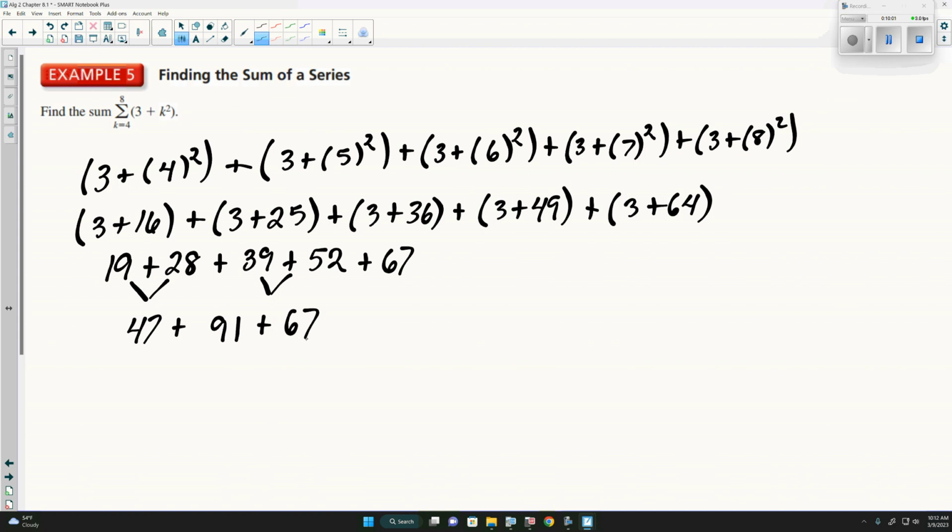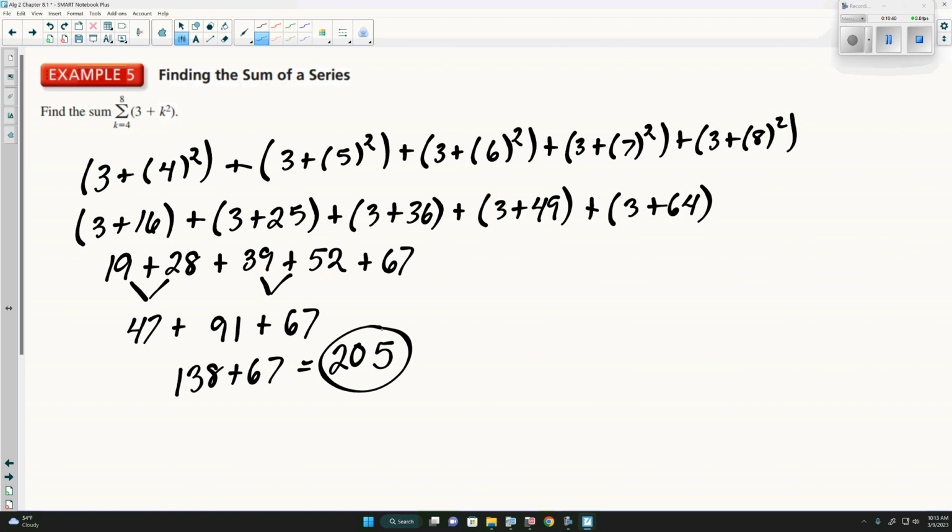Plus 67. Here we get 138 plus 67: 5, carry the 1. 0, carry the 1. 205.